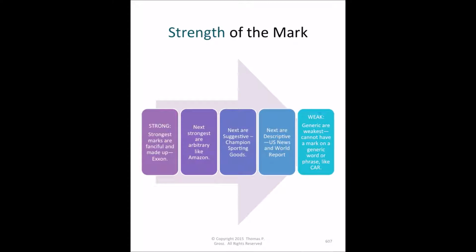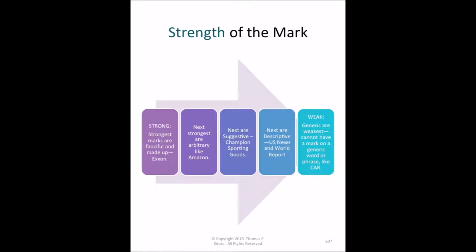The strength of the trademark, there's a spectrum here. The strongest trademarks are the ones that are fanciful and made up. So Exxon was never a word until Exxon made it up and used the double X to identify its company and the source of all the products and services.